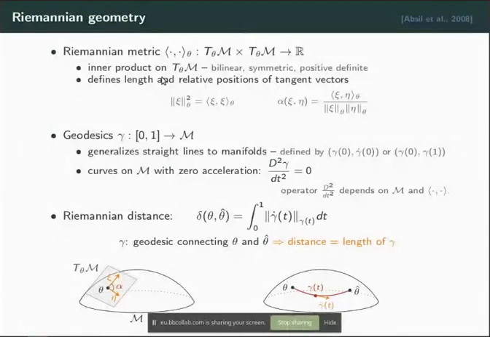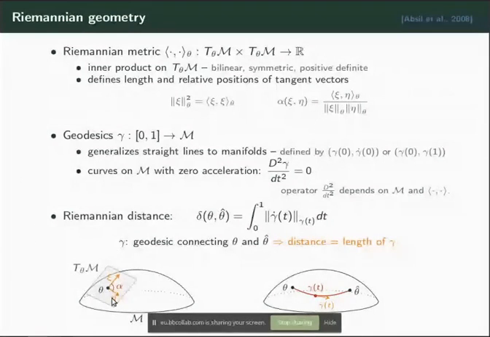So it's a bilinear map from tangent spaces onto real numbers. It's an inner product. And what it really allows to do is to define length of tangent vectors and also the relative positions of tangent vectors between them.